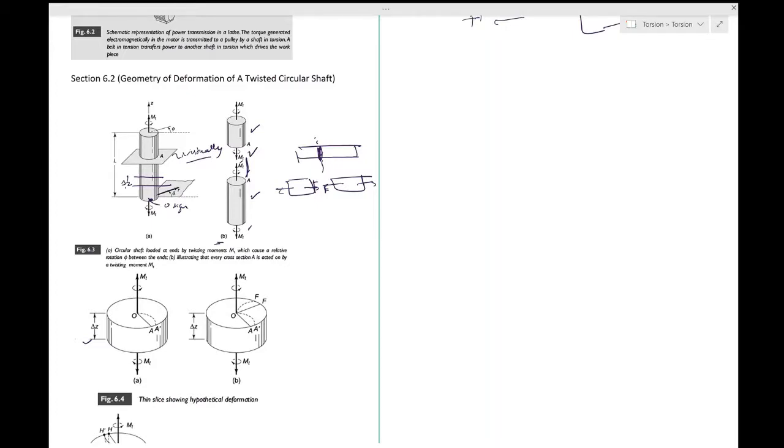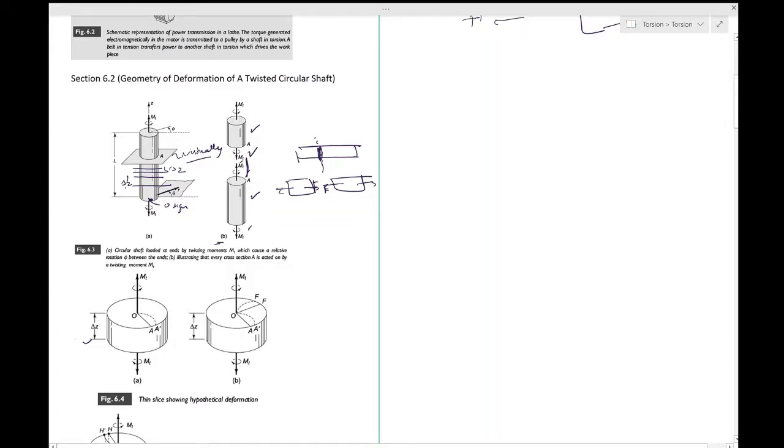Similarly, if you choose any other part, say this one, delta z, this will also have the same pattern of deformation as the previous one. So this is what they mean when they write the pattern of deformation will not vary along the length of the shaft.